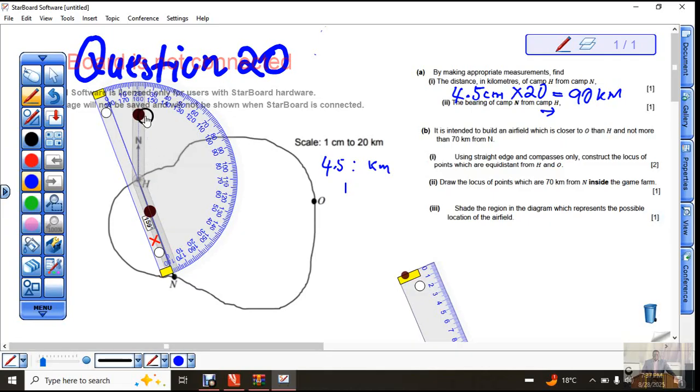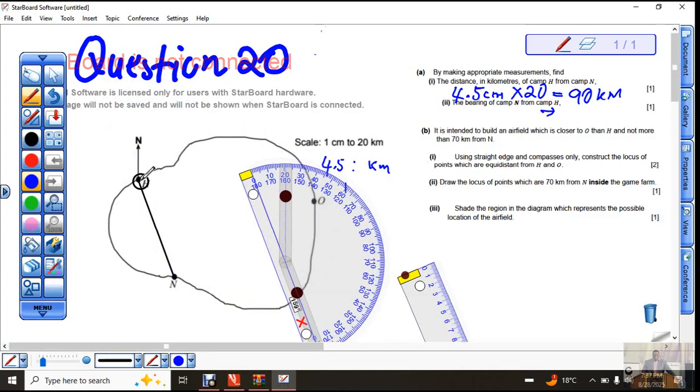So there's nothing wrong if you were to mark this with an acceptable range, because it all depends on how accurate the students are. This point is quite big, the diameter over here, so finding that exact point is the issue.